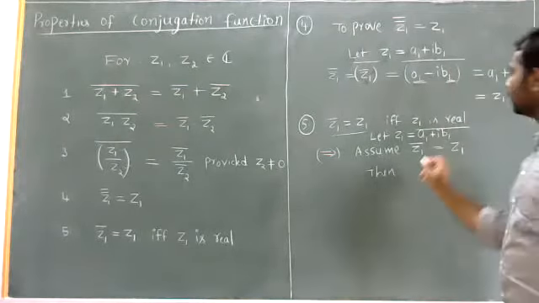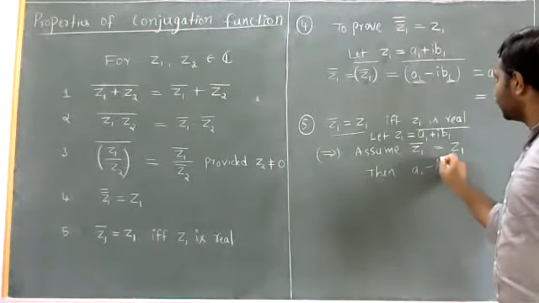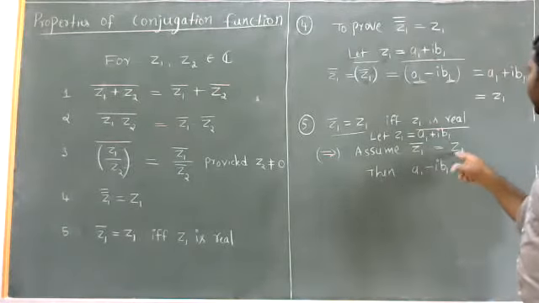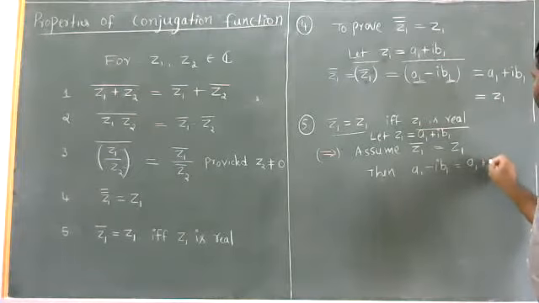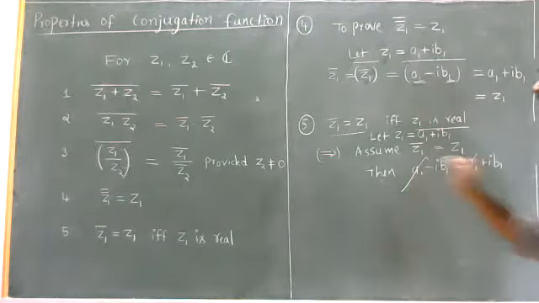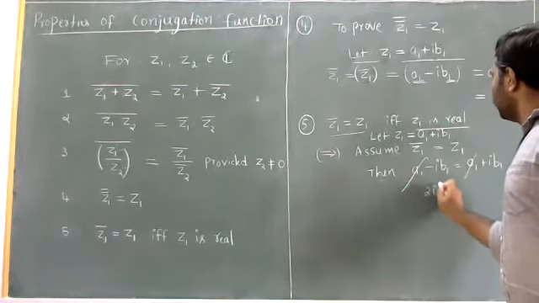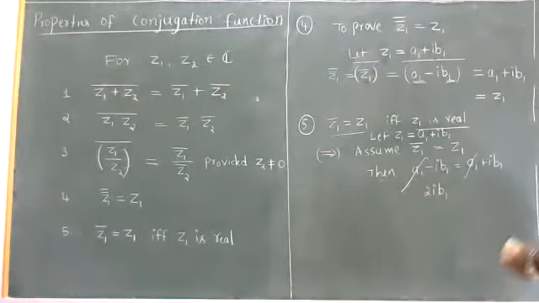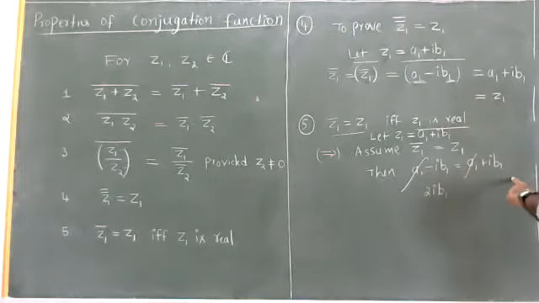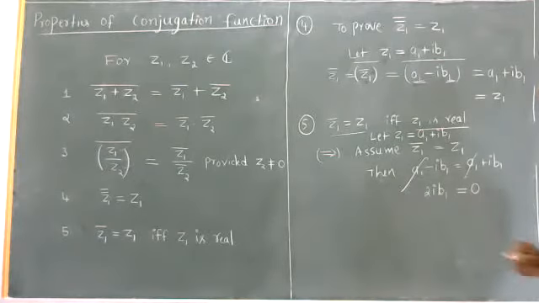Z1 bar means A1 minus IB1. So Z1 is A1 plus IB1. So A1 gets cancelled on both the sides. Take minus IB1 to the right, so it will be 2IB1, because it will be plus IB1. IB1 plus IB1 will be 2IB1, equal to 0.